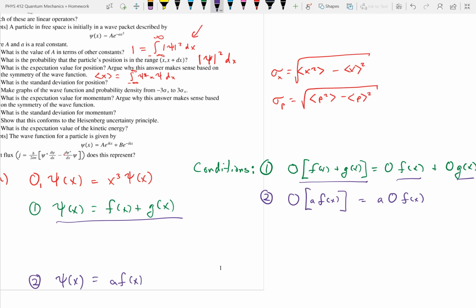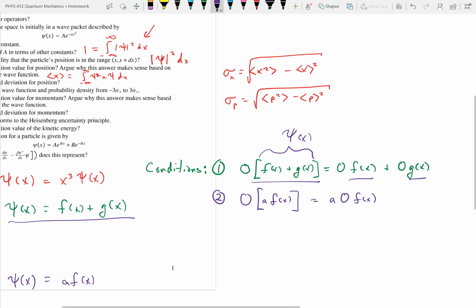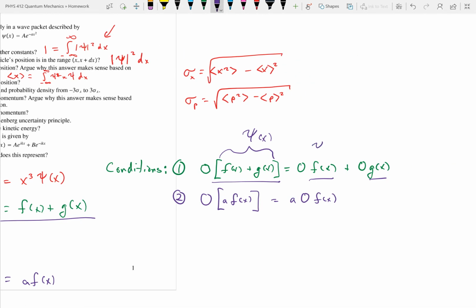Let me back up and explain in a way that I think will be clear. The psi is going to be whatever O is acting on. So if you look at condition 1, on the left-hand side, this is psi. On the right-hand side, this is psi 1 and this is psi 2, just to keep them straight.